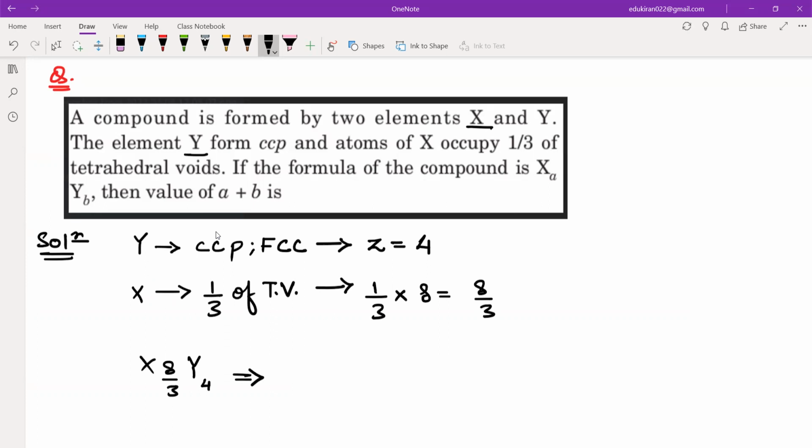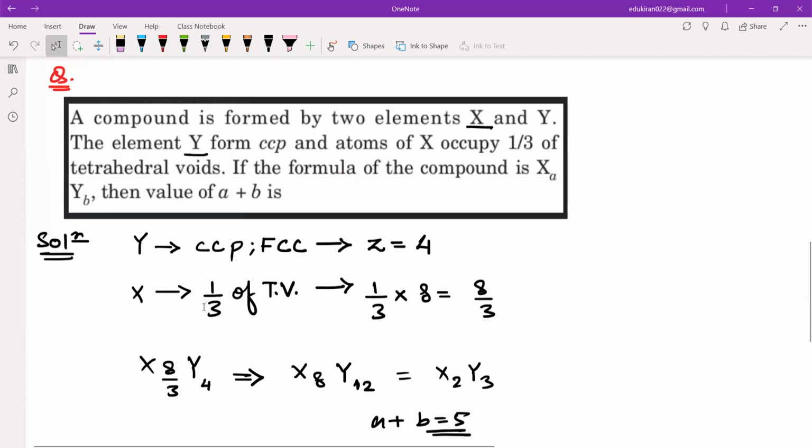You boil it down to the simplest whole number ratio. So this will be X8, Y12. Basically I'm multiplying 3 on both sides. When you simplify this, X is 2 and Y is 3. So A plus B is equal to 5. Simple question, right? Same concept we are using. Please write this down.